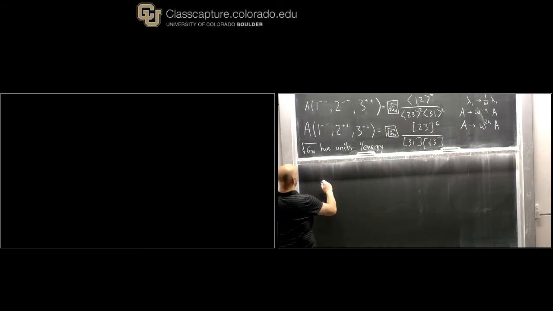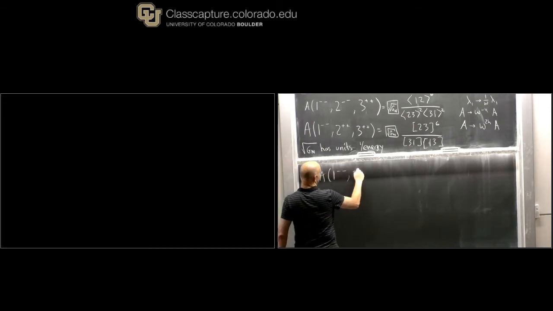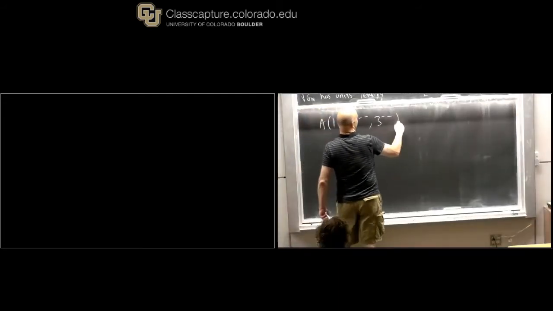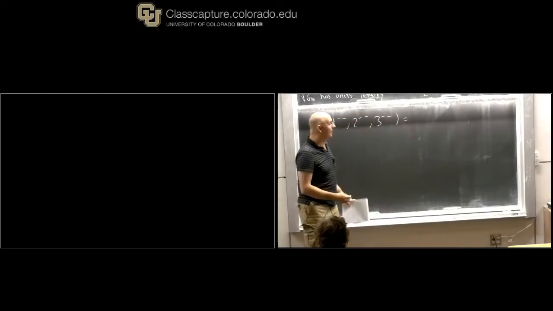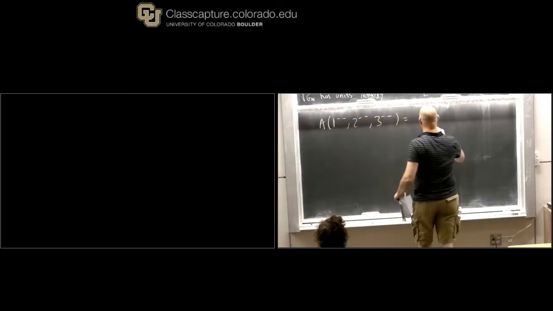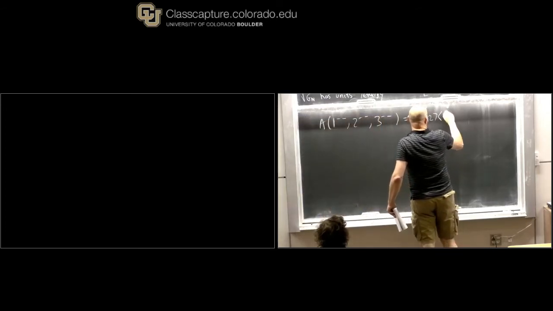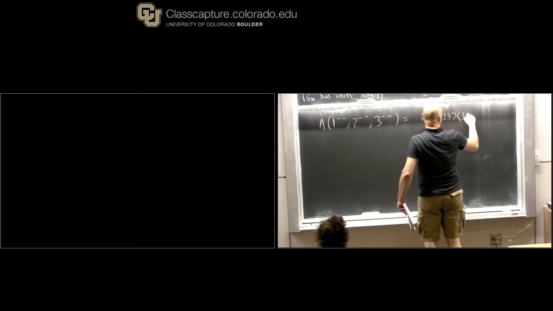But since I'm on that point, if you had this, by the way, we should all be able to write this down without thought, right? We need something that scales like w to the minus 2 under each particle. The unique choice is this.